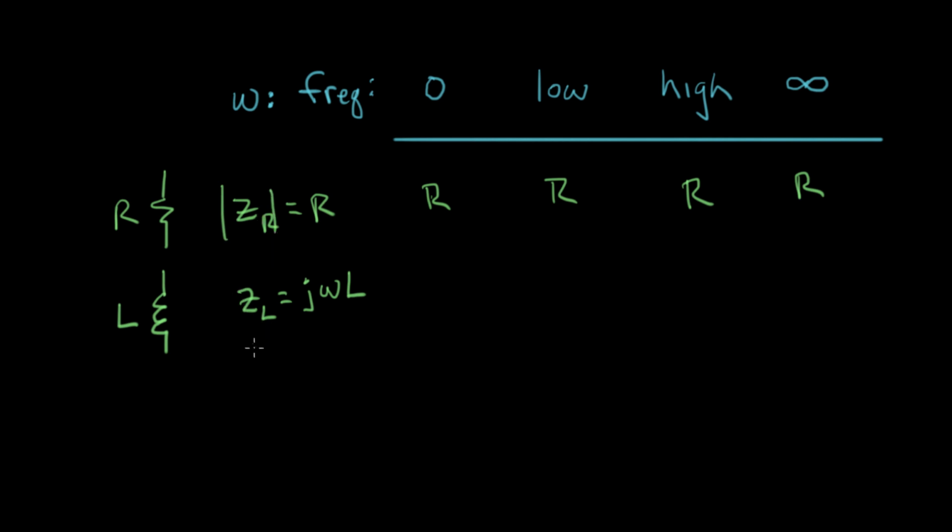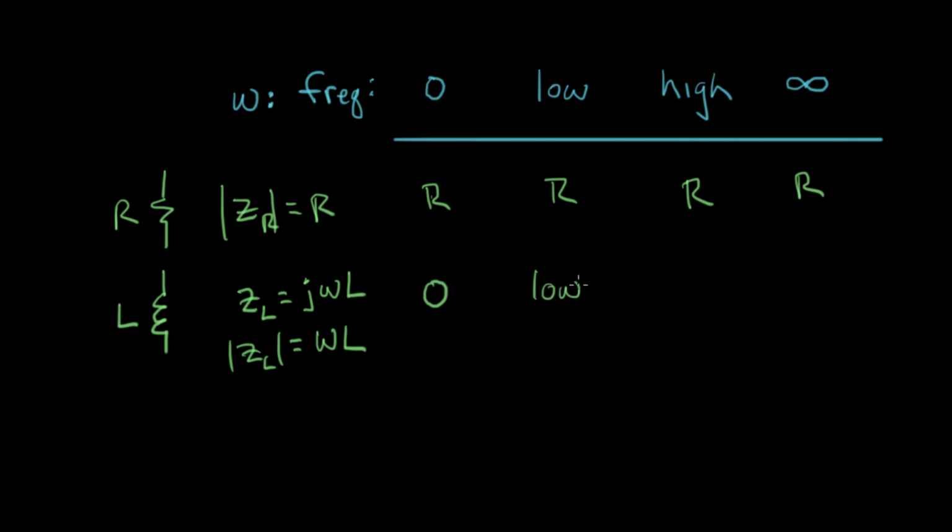The magnitude of Z inductor is omega L. So now let's fill our table in for omega L. When omega is 0, the magnitude of the impedance is 0 for an inductor. And when omega is low, the impedance is going to be relatively low.